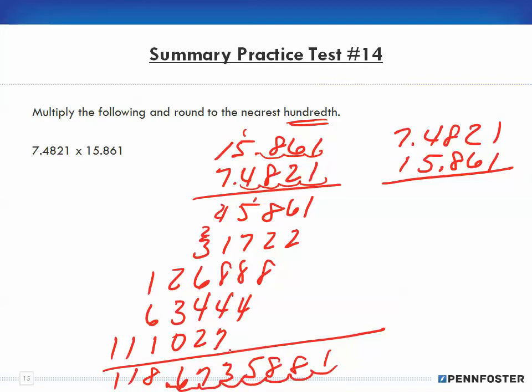So I end up with 118.67, and I'm rounding to the nearest hundredth. So I'm in this position, look right, I see a 3, so I round down, and my final answer is 118.67.